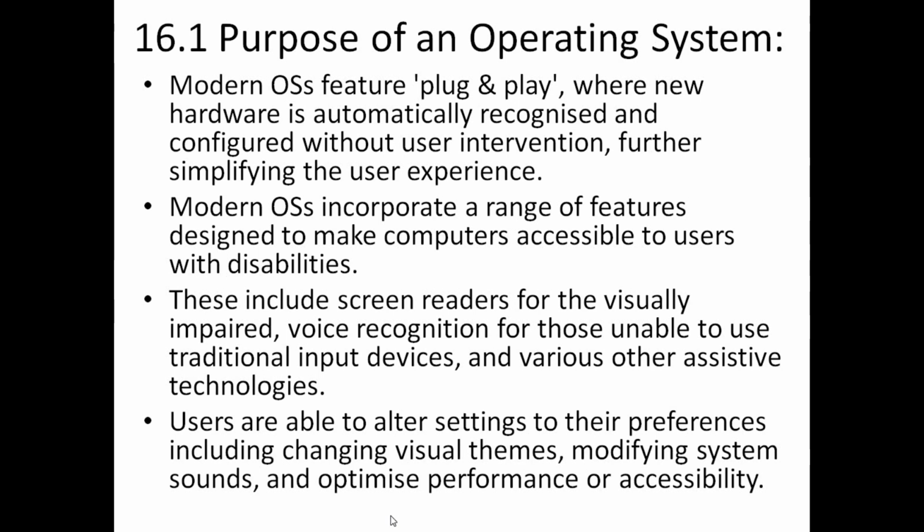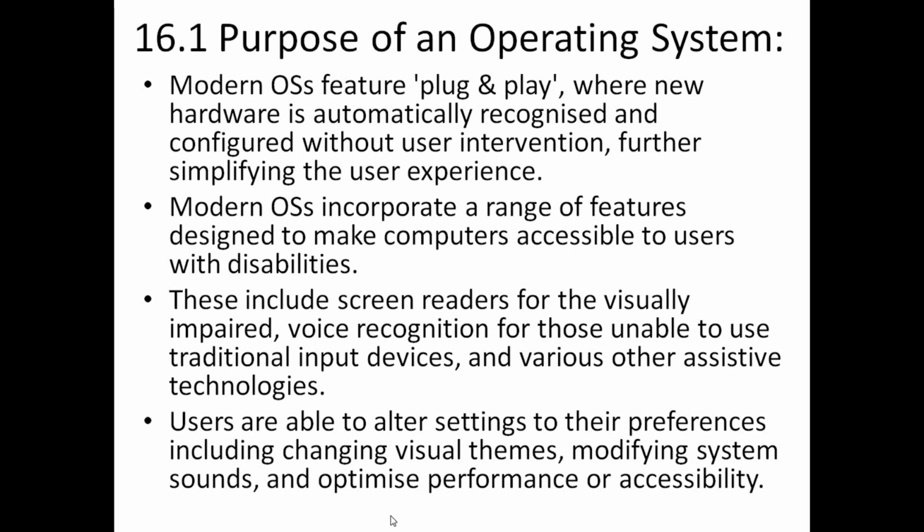Nowadays, operating systems have a range of features which are designed to make computers accessible to just about anyone who can read English. Even those people who have disabilities, computers nowadays are adequate enough to be used by such persons.